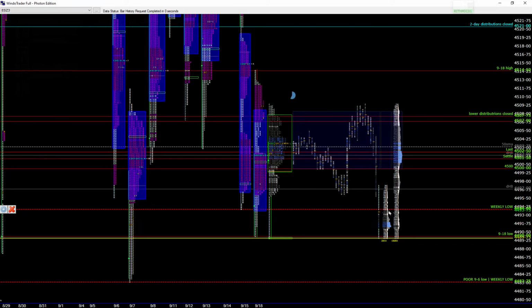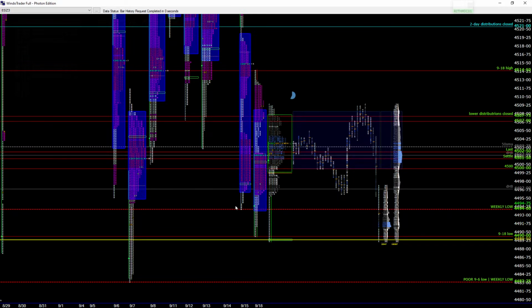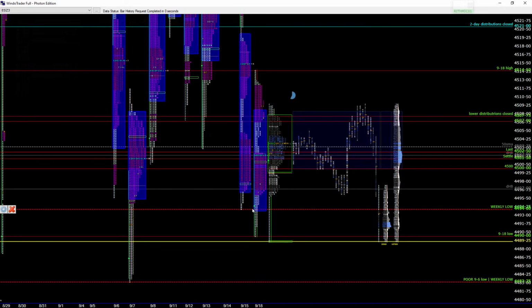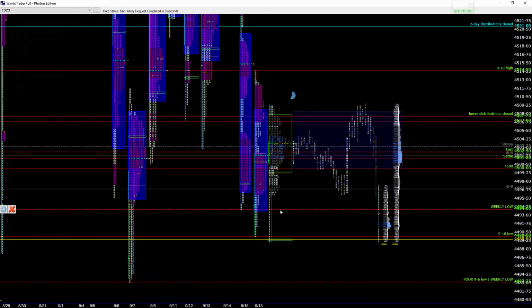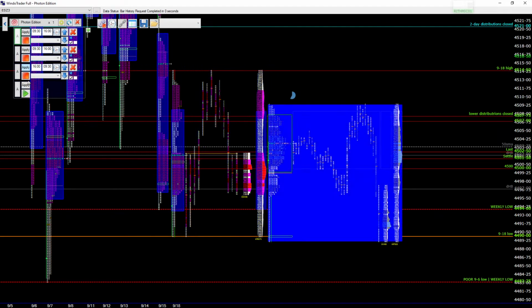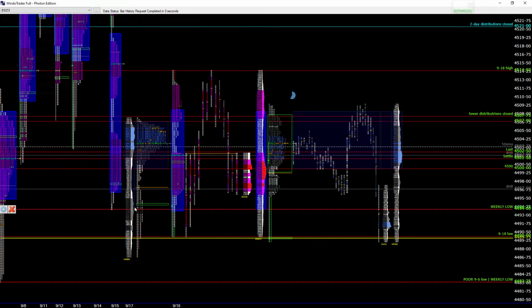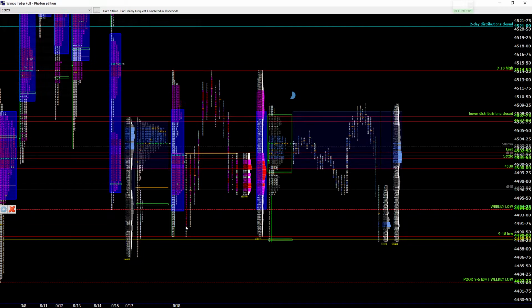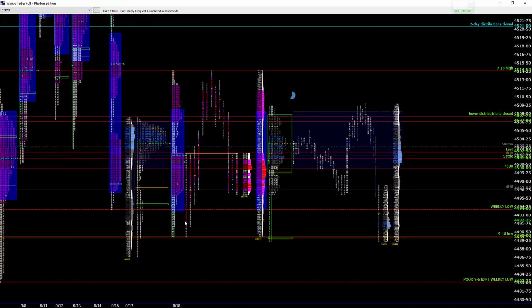Okay, the context today is different. It tried to gap to the downside, came back inside the range, just above the weekly low. And the most important thing is this weekly low has been taken.